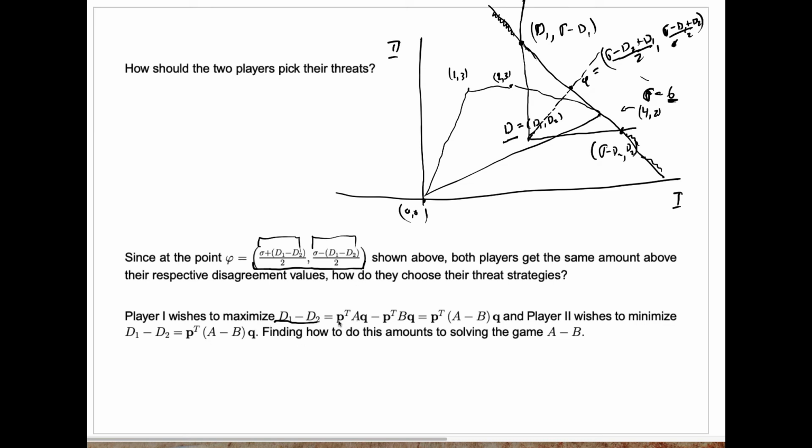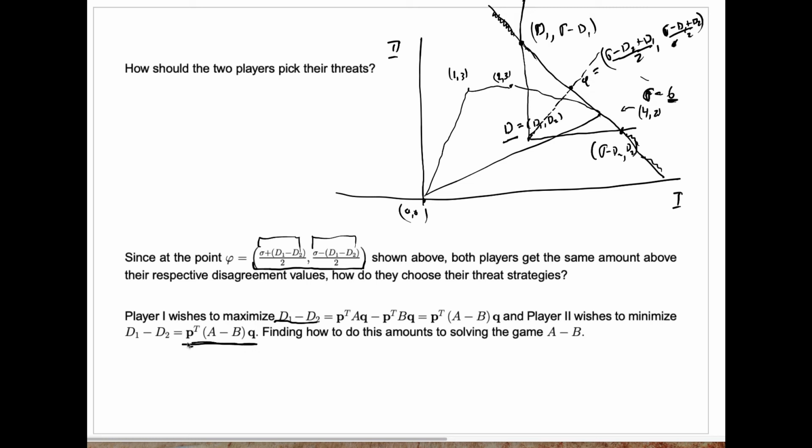And remember, D1 is just this return for player 1 with strategy choices P and Q for players 1 and 2. And D2 is this P transpose B Q, where again P and Q are these strategies for player 1 and player 2. Player 1 wants to maximize this, while at the same time player 2 wants to maximize this quantity, which is the same as minimizing D1 minus D2.